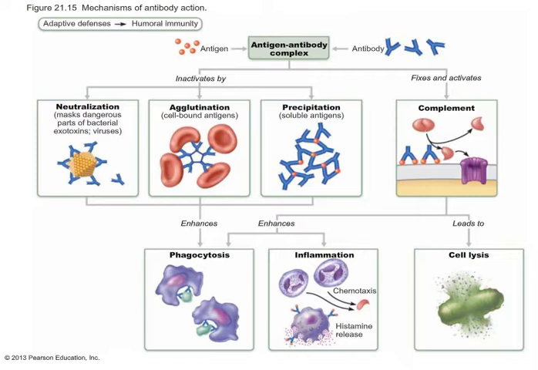Another method is precipitation. Here we have antibodies that bind to an antigen and make it insoluble, so it falls out of solution and once again is easier to gobble up by the members of our nonspecific defense, that is, our neutrophils and also our monocytes. And another method is through the use of complement. Complement is a special protein that can help lead to lysis of the infected cell or lysis of an exogenous antigen.